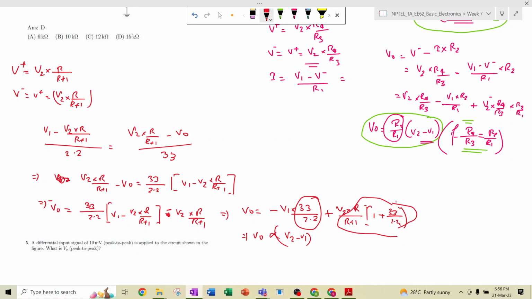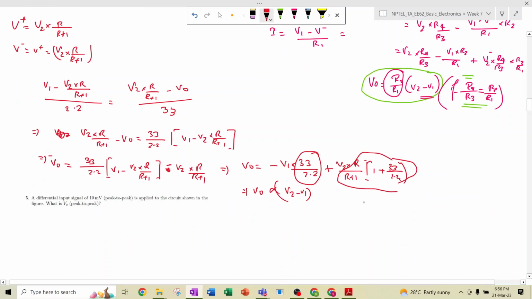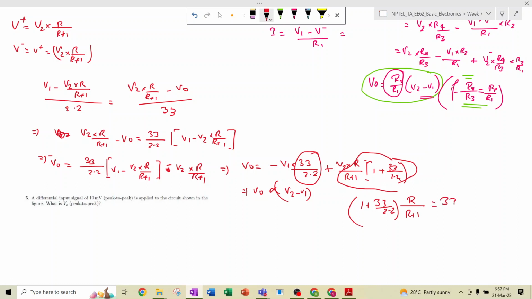So that means 1 plus 33 divided by 2.2 into R divided by R plus 1 is equal to 33 divided by 2.2. So it will be 35.2 divided by 2.2 into R divided by R plus 1 equal to 33 divided by 2.2. Now 2.2 cancels out. So 35.2 R equal to 33 R plus 33.